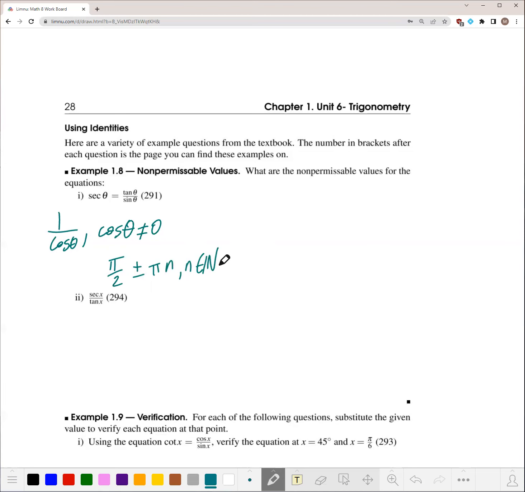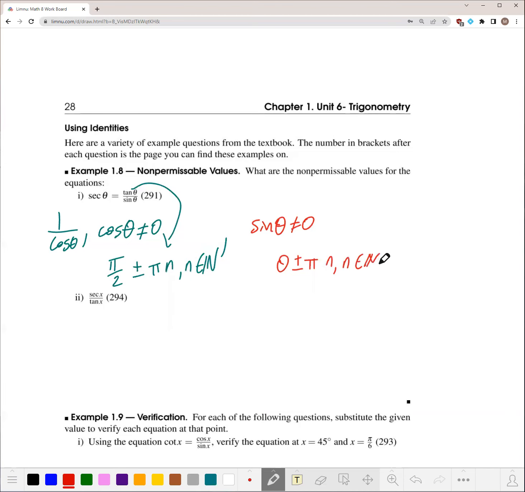Okay, so that works. Now let's look at tangent. Tangent theta, you're not allowed to put pi over 2 again, so that actually kind of doubles this. And then let's look at sine. So we're saying then that sine theta also cannot equal 0, which means that we can also not have 0 plus or minus pi n, where n is an element of the natural numbers.